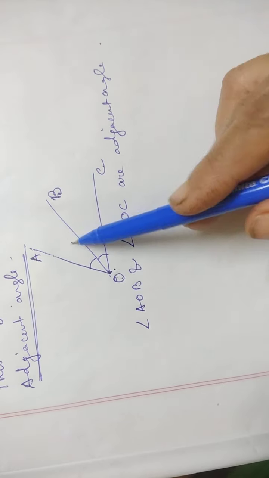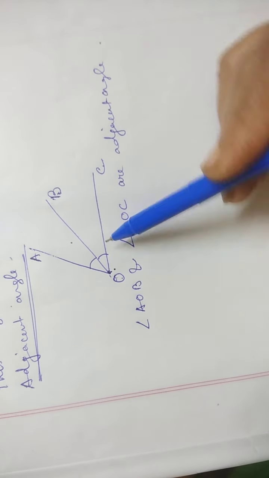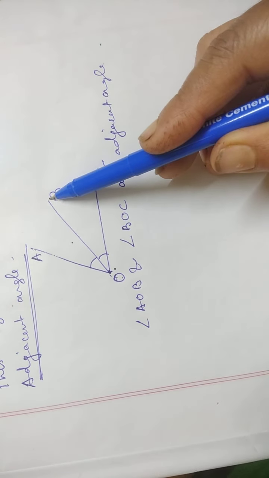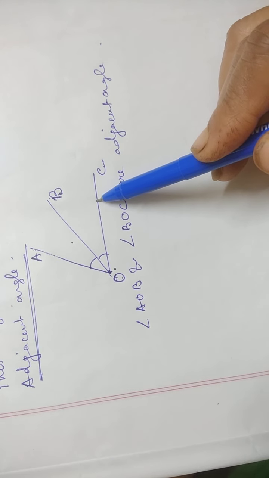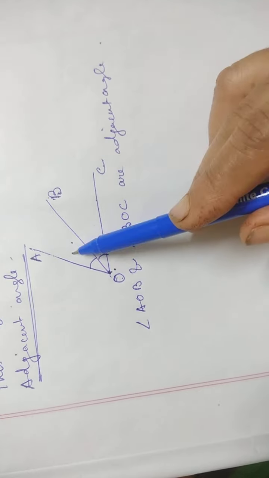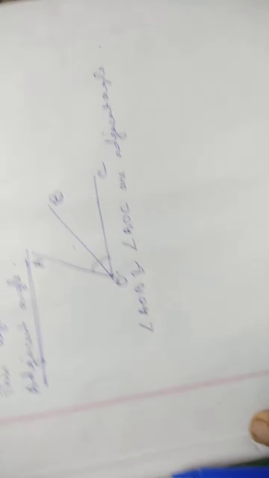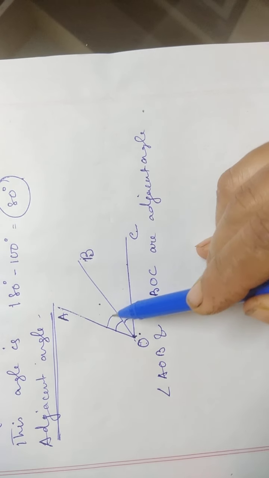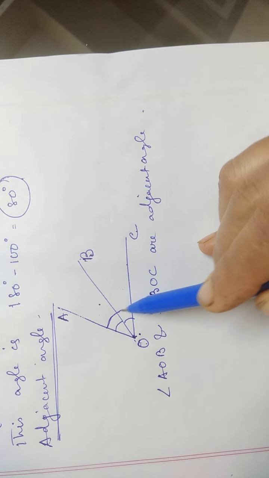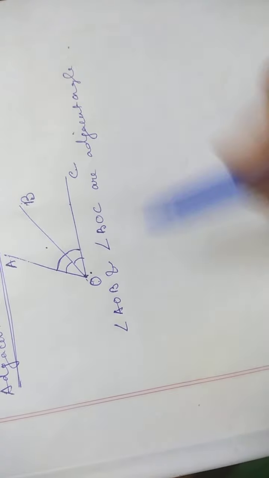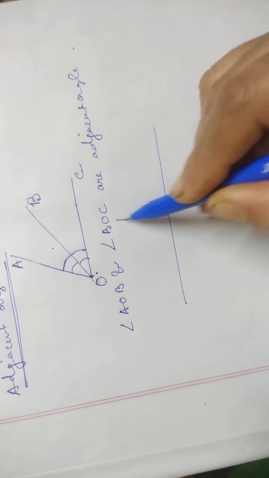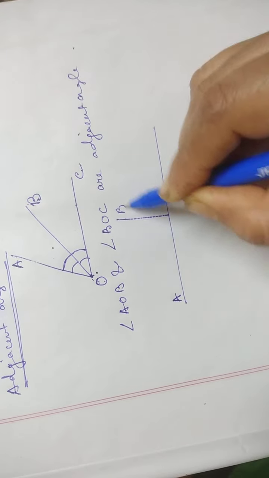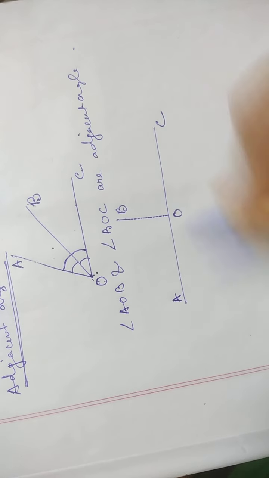In adjacent angles there is a common vertex, there is a common arm, and on both the sides there are two arms. Clear? So that is the adjacent angle. Okay, then see this, if you add these two angles, this is not 180 degrees. Now see this one, A, B, C, this is O.